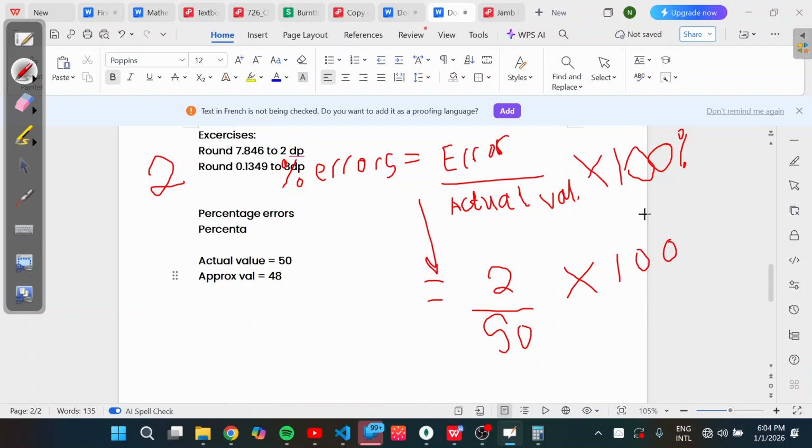We can actually solve this without using a calculator. 0 cancels 0, 5 into 10 gives you 2, so 2 times 2 is going to give you 4, and then the percentage, that is 4%. So our percentage error is 4%.